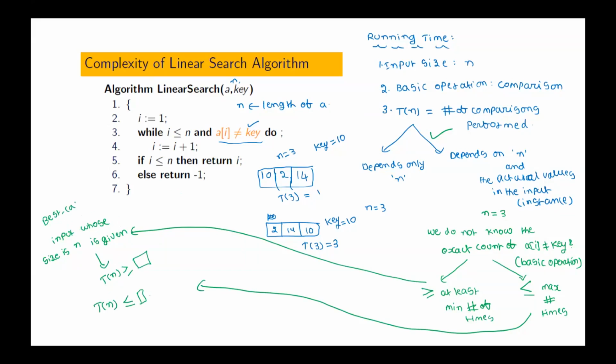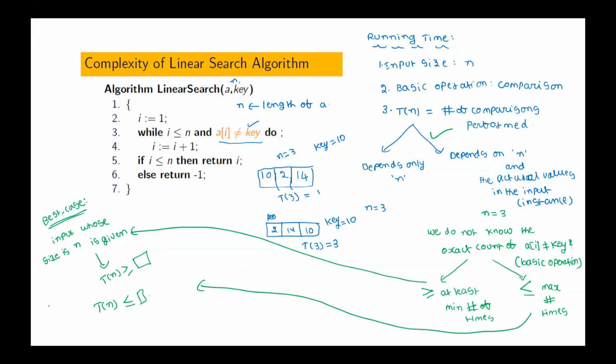That means for any input instance whose size is n, the number of operations performed will be at least that much. Definitely not less for any instance of size n.